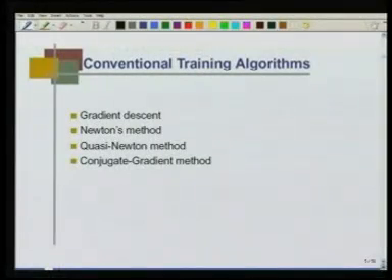So, when we talk about neural network, we are talking in terms of either system identification or control. So, all these gradient descent, Newton's method, Quasi-Newton method, conjugate gradient method, the variants of these methods have been applied to neural network to varying degree of success.